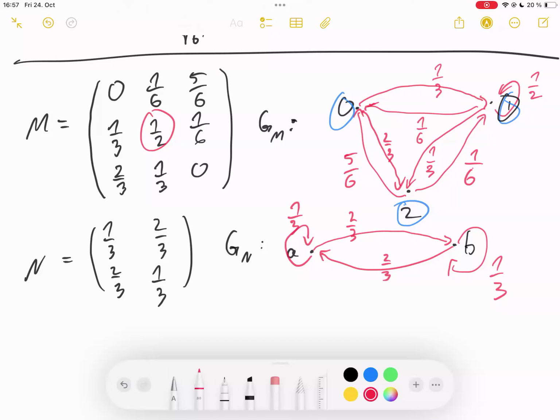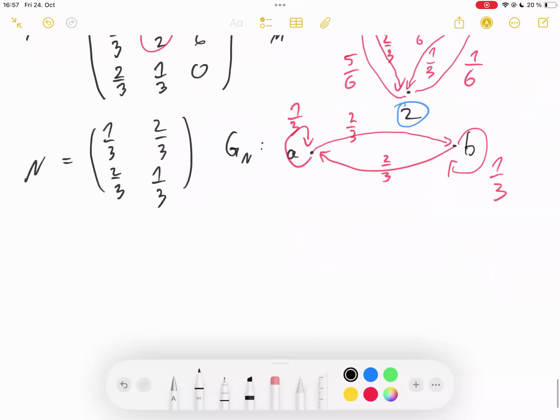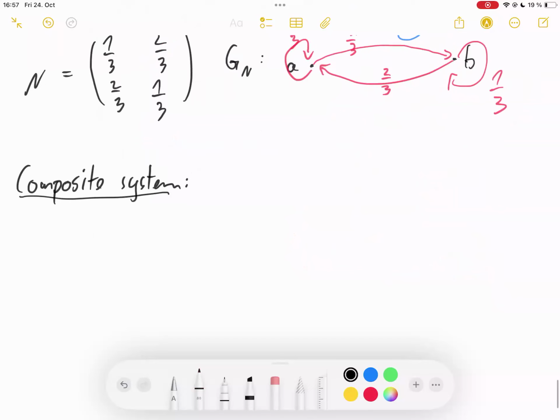Now we want a composite system. These composite systems, we will soon see how we can build it, but we assume now we have a state of the composite system.